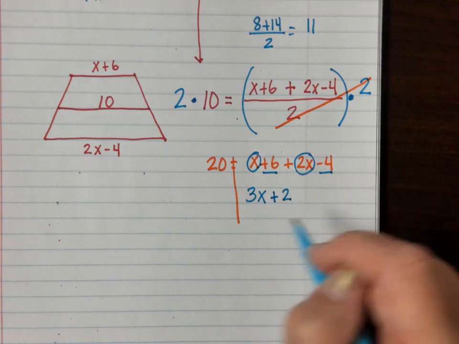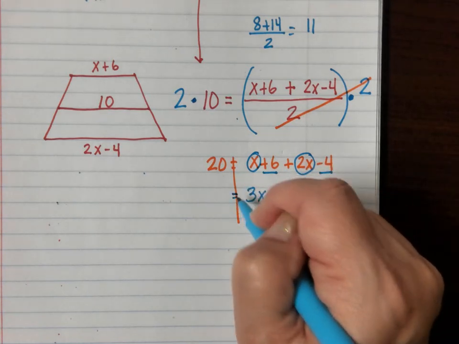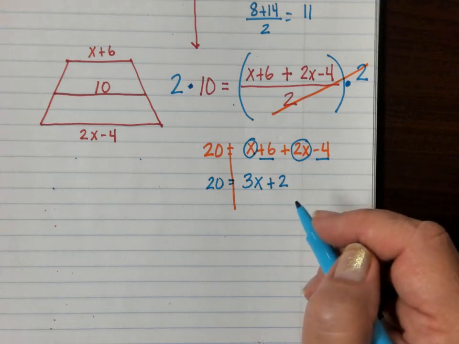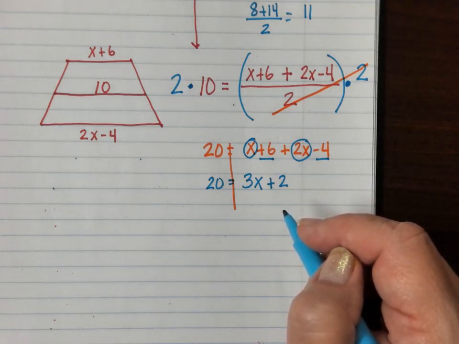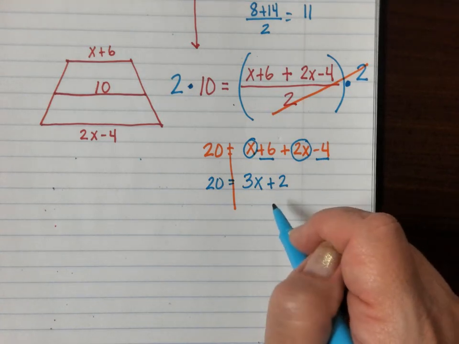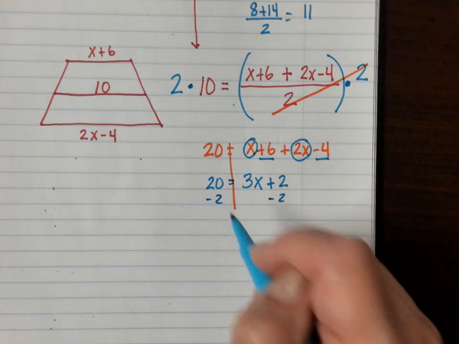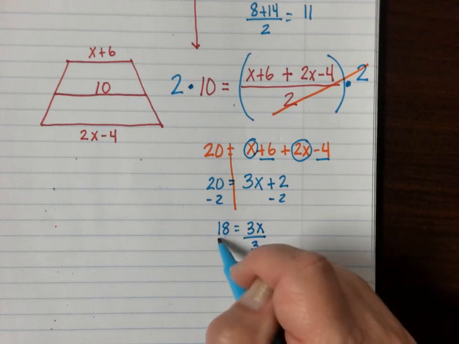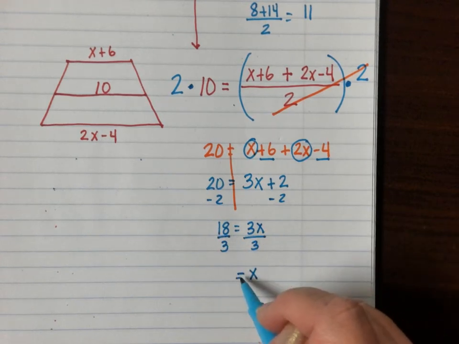If you're not too good with your negatives, put it in the calculator. Alright, so then we're going to subtract 2. 18 is equal to 3x. And we're going to divide by 3. x is equal to 6.